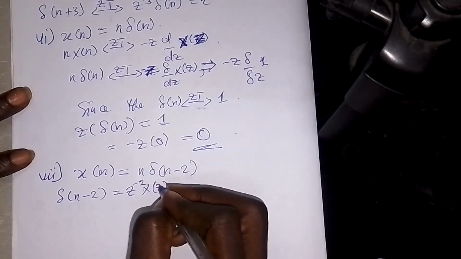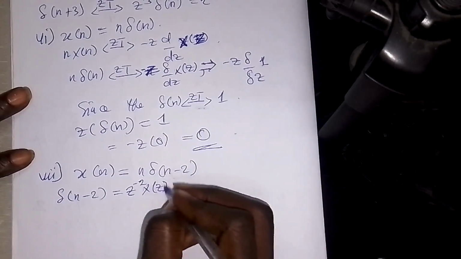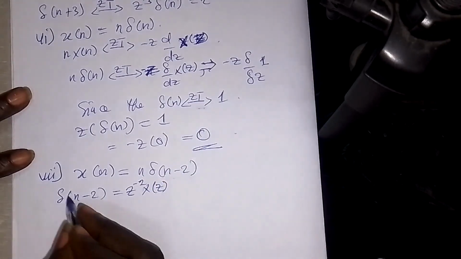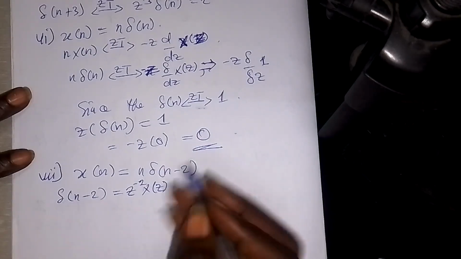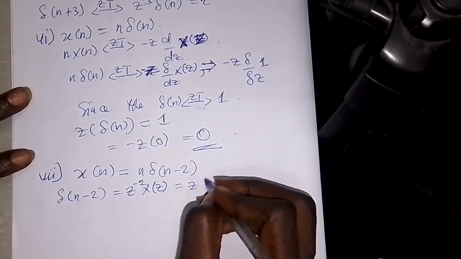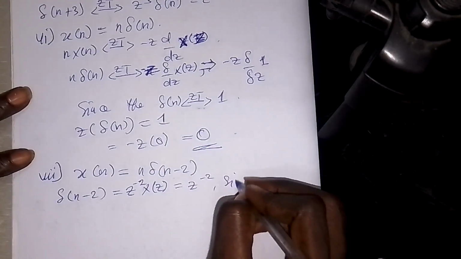But what is the x of z of this one? The x of z of this one is actually 1, because this is a unit impulse signal. So I'm going to get z exponent minus 2.